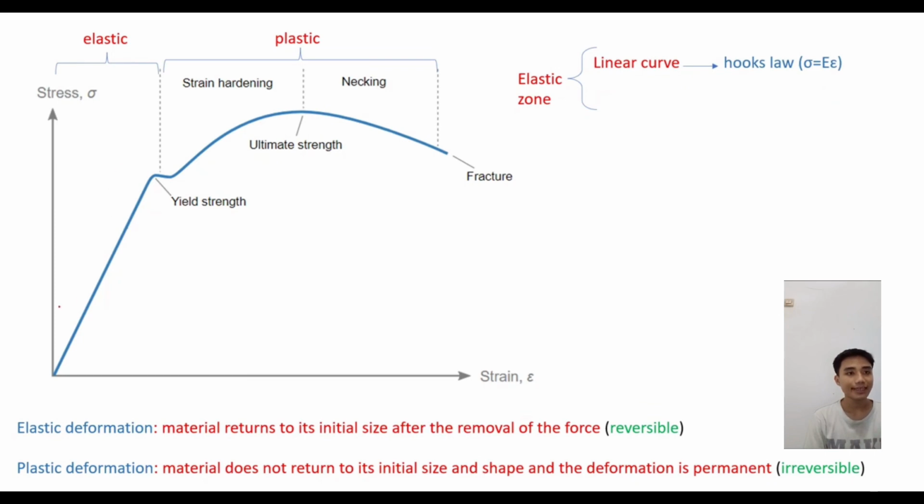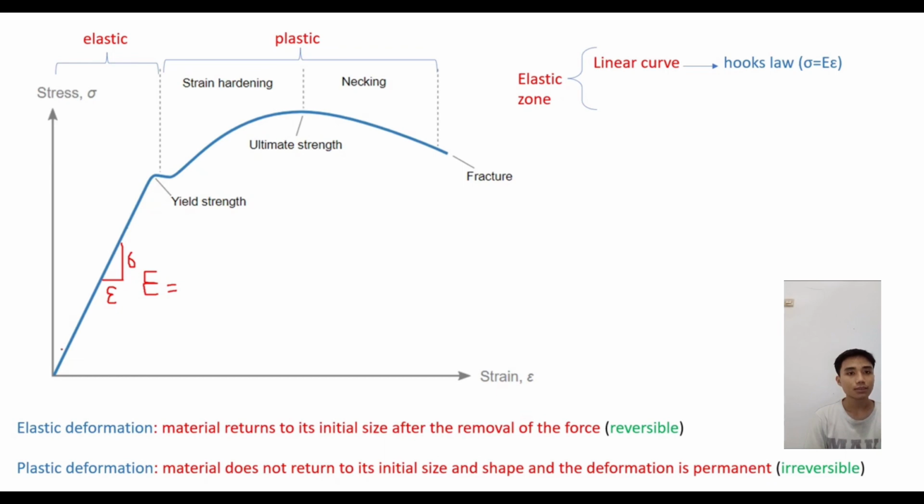As you see here, in the elastic zone the curve is linear and Hooke's law is obeyed in this zone of the diagram, which says stress is equal to Young's modulus multiplied by strain. The Young's modulus is the slope of the linear curve.